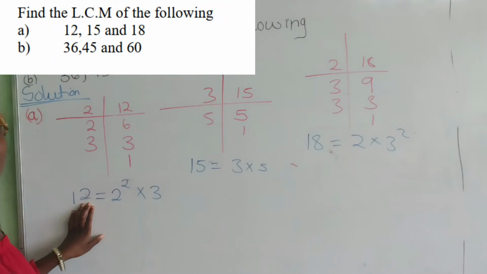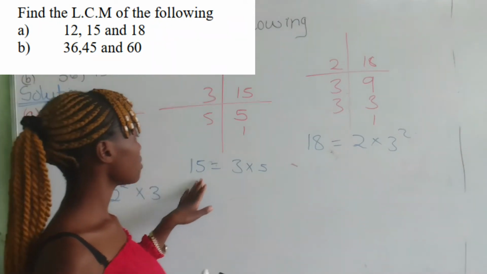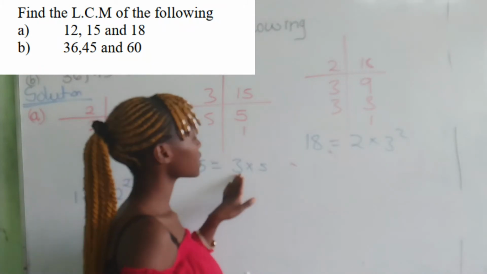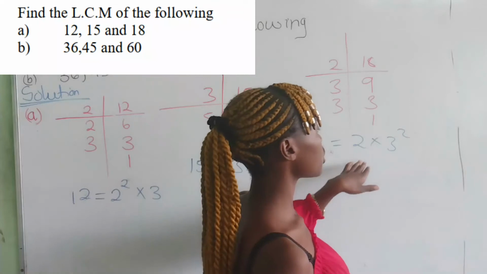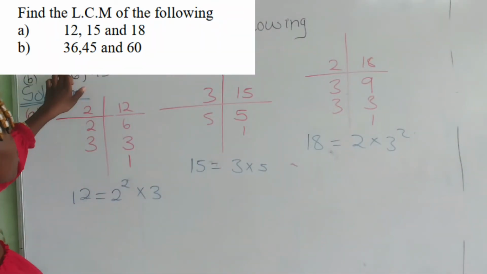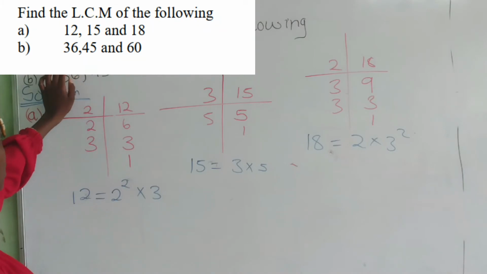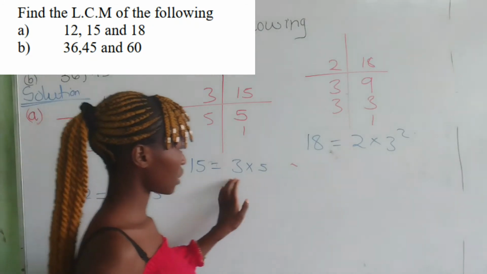Any multiple of 12 should contain 2 and 3, any multiple of 15 should contain 3 and 5, and any multiple of 18 should contain 2 and 3. So if we have to find a multiple that would include 12, 15, and 18, it has to include all the values.